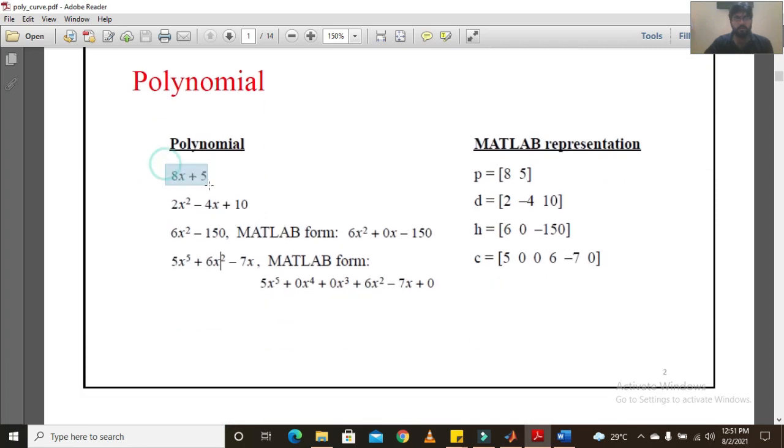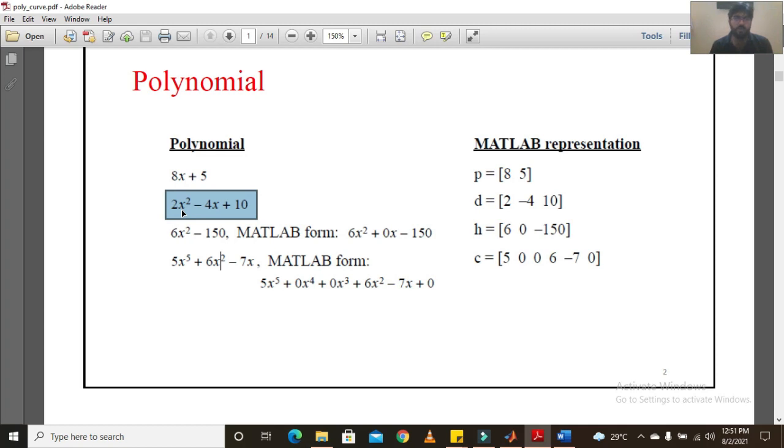So let's say I have a polynomial 8x plus 5. I will define it in MATLAB as 8 and 5, so an array will be generated of 8 and 5. Then let's say I have another polynomial, 2x square minus 4x plus 10.